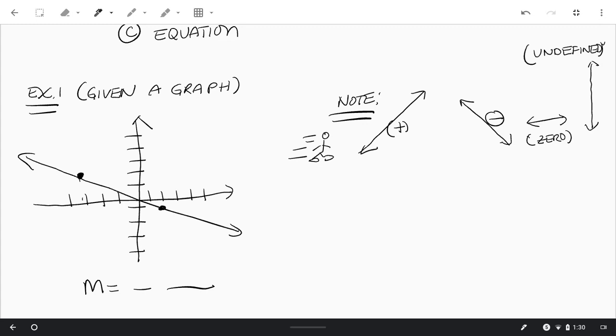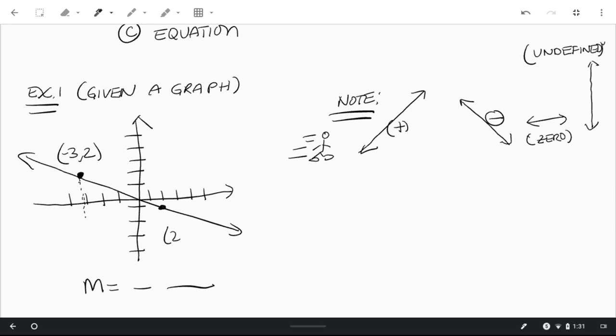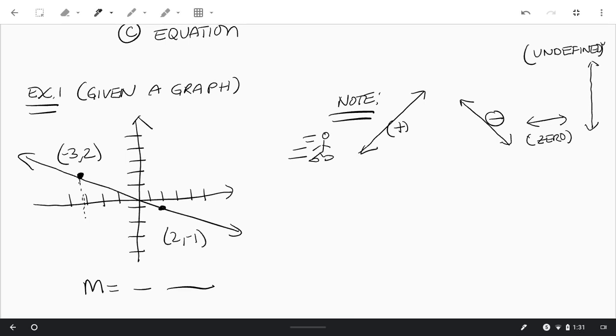Okay, so what we're doing here is, let me do this. All right, so we're trying to count how much does it rise between these 2 points. And so we can see here, just in case you can't tell where this is at, this one here is at -3, 2. And this one here is at 2, -1. Okay, so if you don't have them placed there, go ahead and place them there.